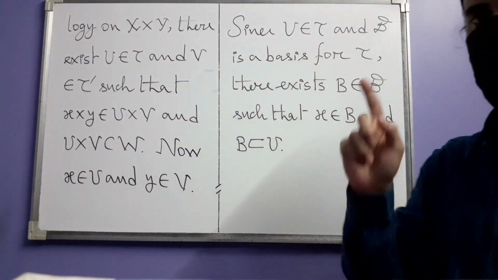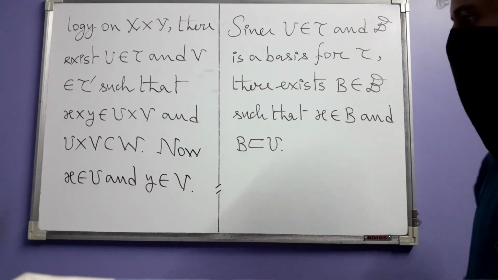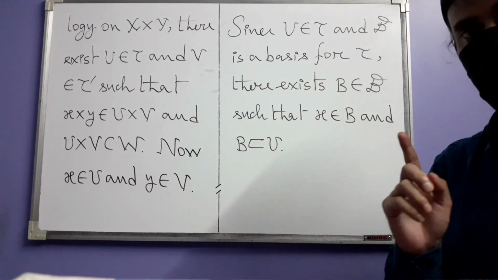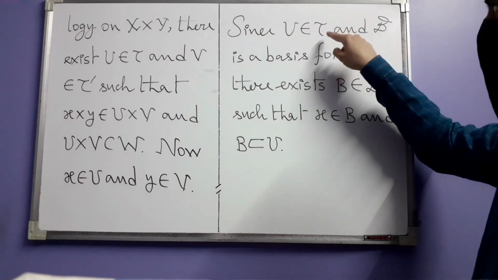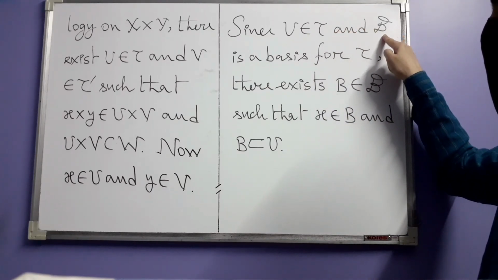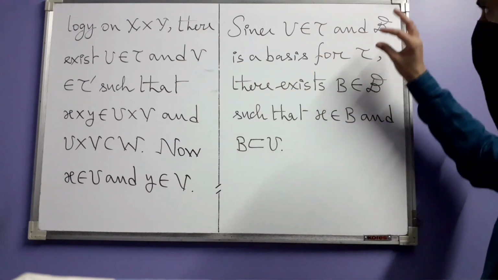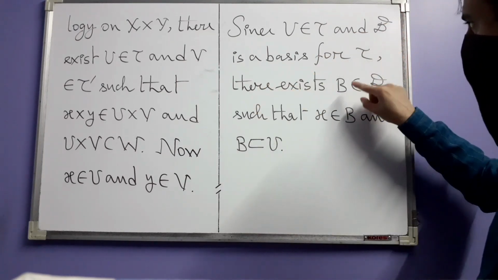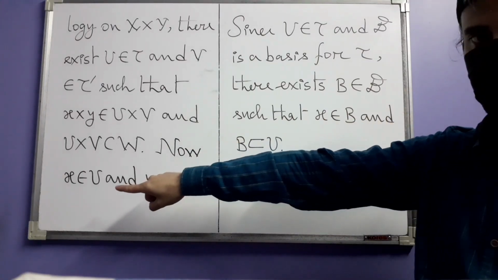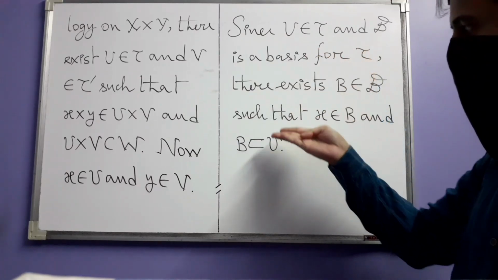That means U is an open set in the space X, and x is a point in U, and the topology tau is given by a basis B. So by the definition of a topology generated by a basis, there should be a basis element in B which will contain that point and which will be contained inside this open set U as a subset.